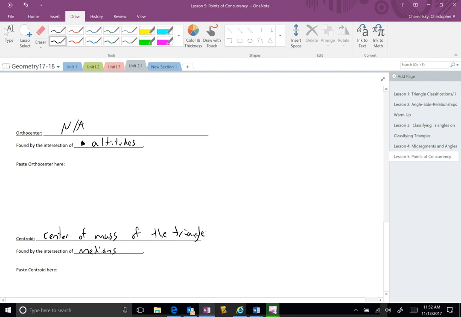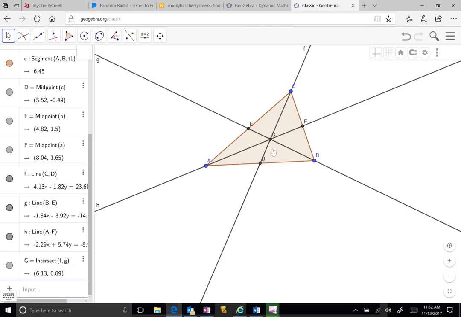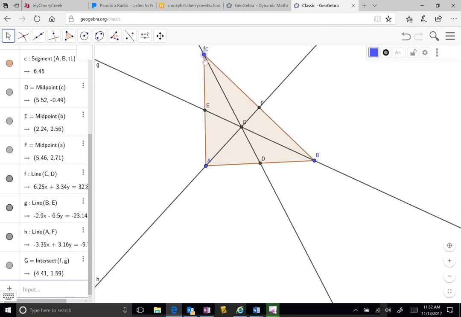In other words, if I were to place this triangle and balance it right at the tip of a point here, it would balance perfectly at point G here, this intersection. And it doesn't matter what shaped triangle I have, it will always create that perfect balance point by finding the centroid.